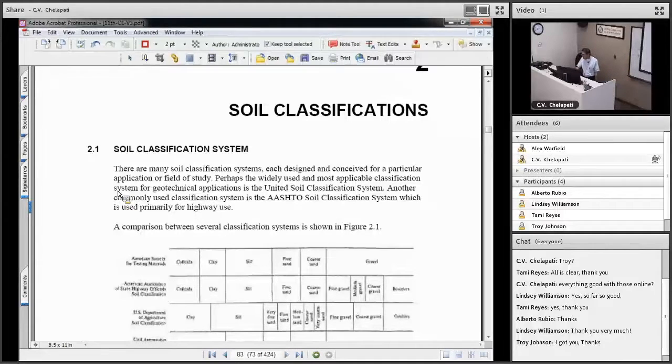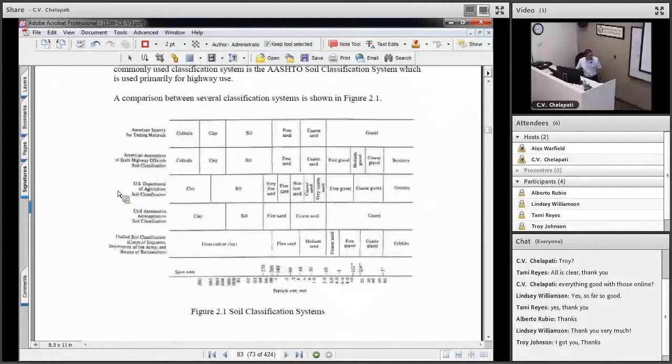So how do we classify these type of materials? We have these different soil classification systems. There's ASTM, which is now like the general standard, especially since ASTM wants it to be the standard since they make money selling standards.